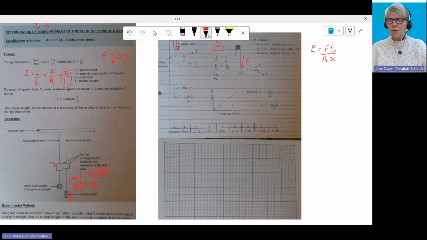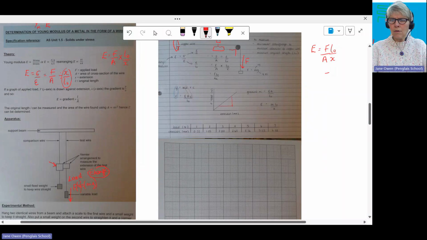And then rearrange it so that you've got the force isolated on its own. So F equals E A x over L naught. So F equals E A over L naught times x.